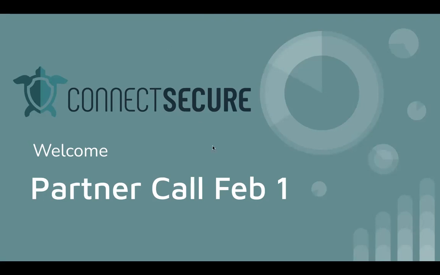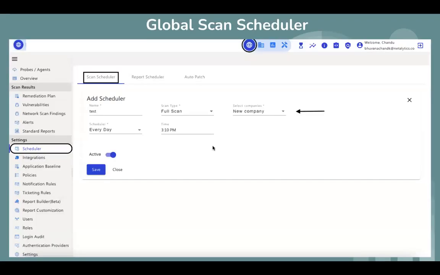The first update that we wanted to share is part of an overall UI cleanup and making things better. One of the things that we're doing is bringing all schedules under global settings.